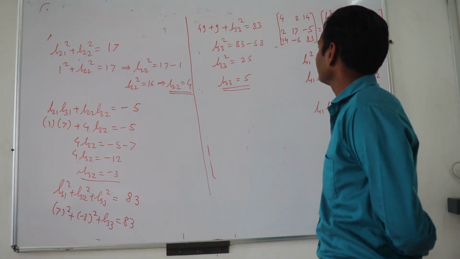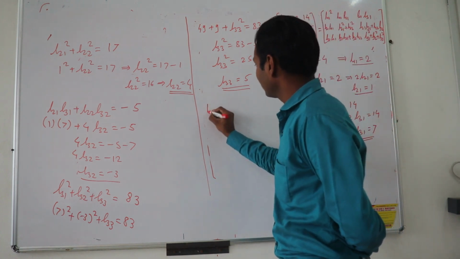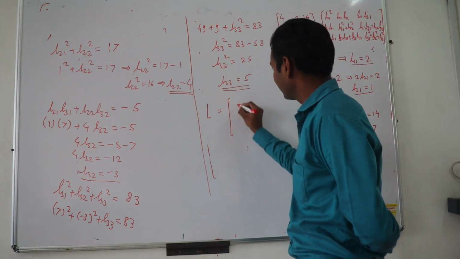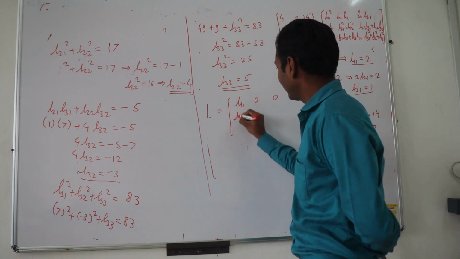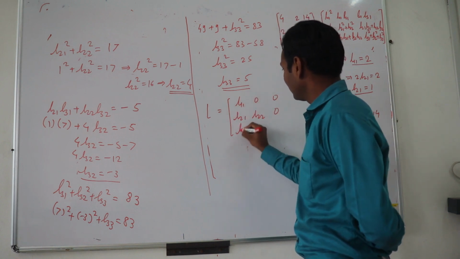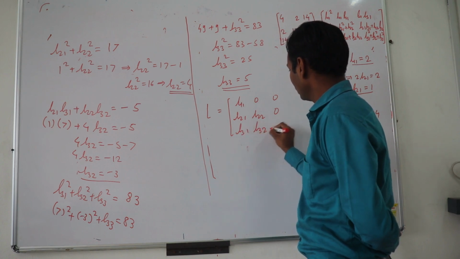Then we get all the elements. Now I write the L matrix. The L matrix is L11, 0, 0, L21, L22, 0, L31, L32, L33. This is the L matrix. Now put all the values in that. So here we find L11 is root of 4, which is 2.